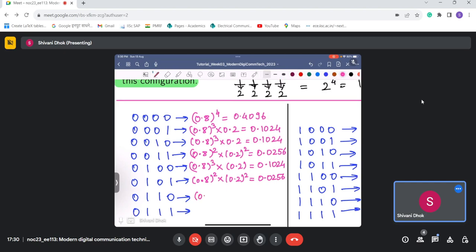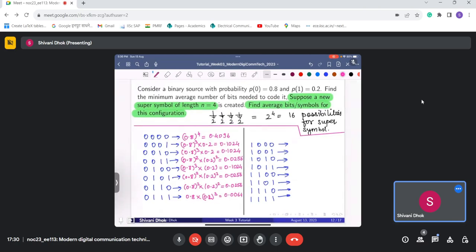Then same thing we are having here. This is 0.8 square into 0.2 square, which is 0.0256, and this is 0.8 into 0.2 cube, and this comes out to be 0.0064.